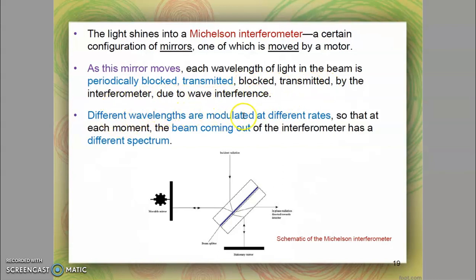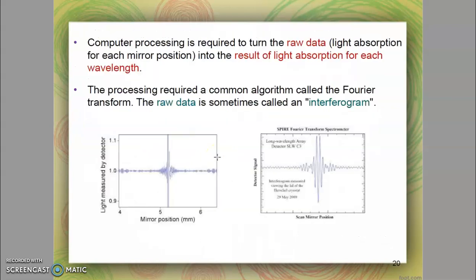Different wavelengths are modulated at a different rate, so that at each moment, the beam coming out of the interferometer has a different spectrum. Its function is to filter and allow various wavelengths to test whether the sample absorbs or not.